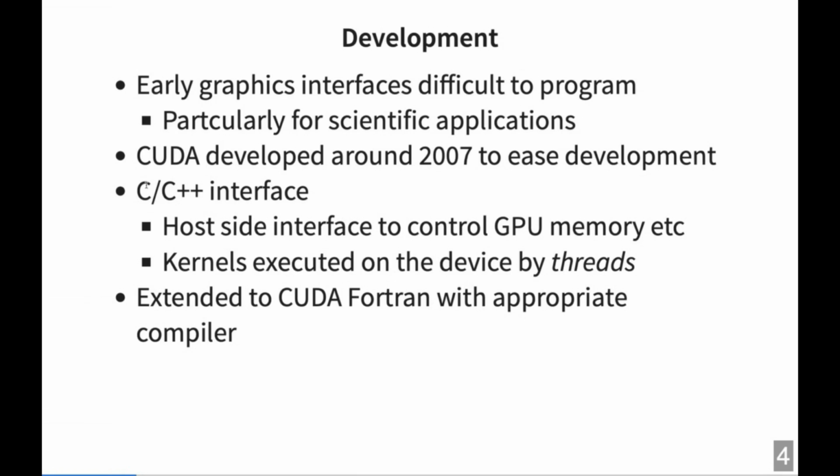And so this is split into broadly two parts. There is a part, an API, which is available from the host, that is from the CPU program, which the programmer uses to control activity on the GPU. And then there are these so-called kernels, which is user code, which is executed on the device or the GPU.